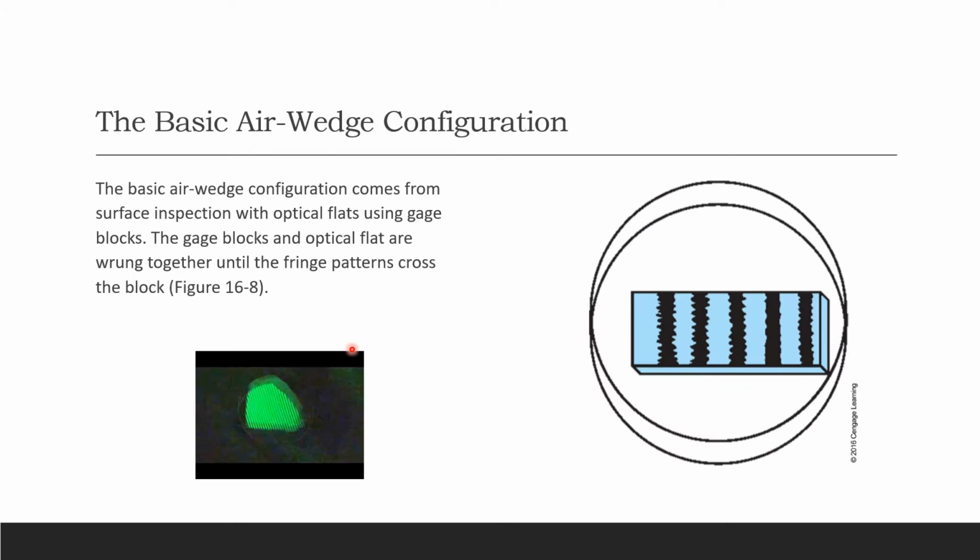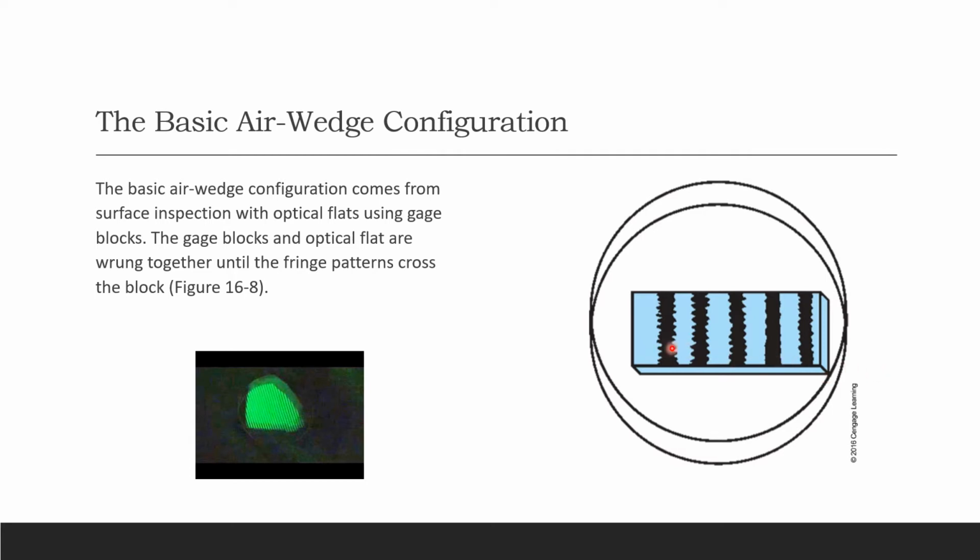The basic air wedge configuration comes from the surface inspection with optical flats, and we use gauge blocks with them. The gauge blocks and the optical flats are wrung together until the fringe pattern crosses the block. When you take a look at it here, we have 1, 2, 3, 4, 5 fringes, and they represent an air wedge with a height of 5 half wavelengths, and they do not show which end is the open one.